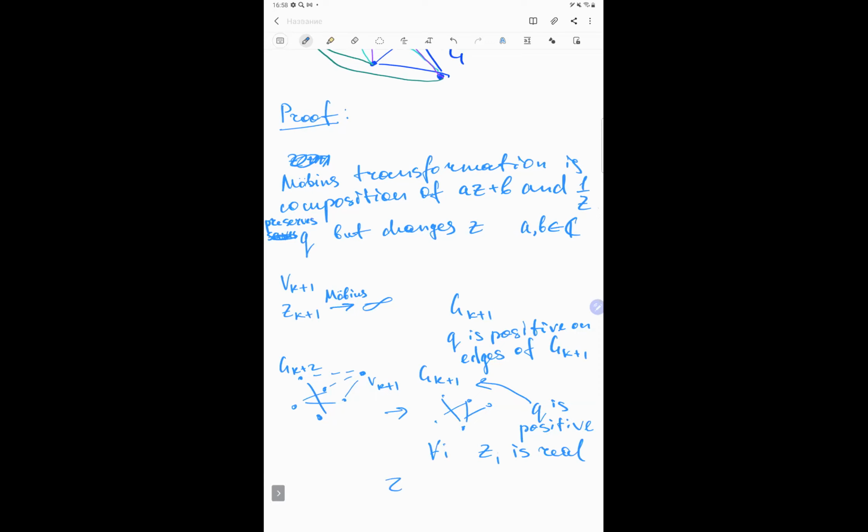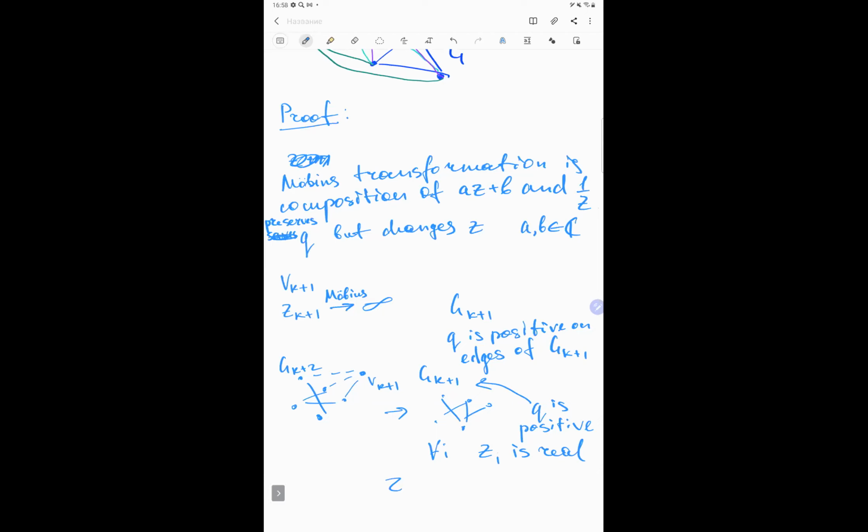It's the same type of graph with fewer boundary vertices, with one boundary vertex erased, less than the previous. Is this an induction step? No, it's not an induction. Q is just positive.